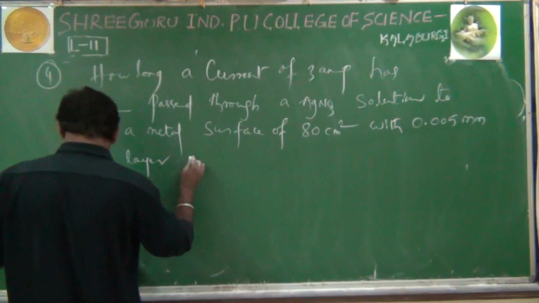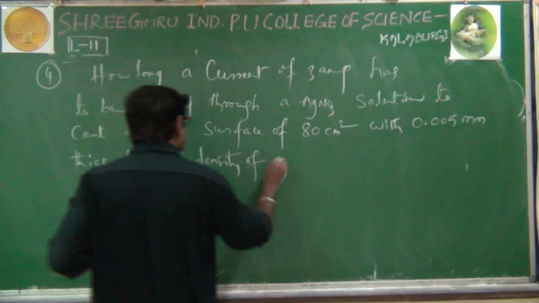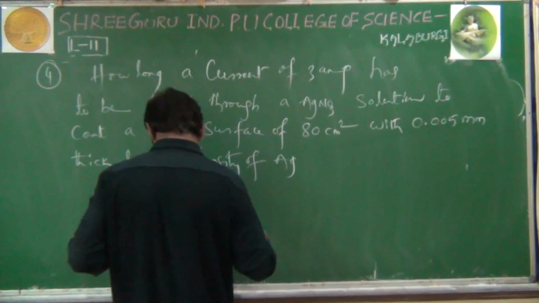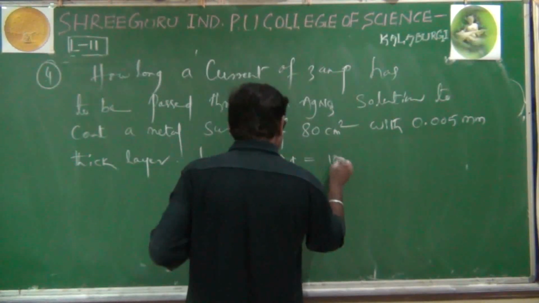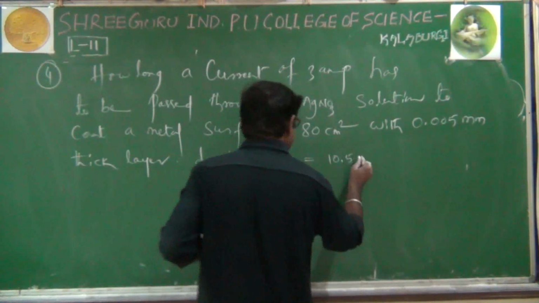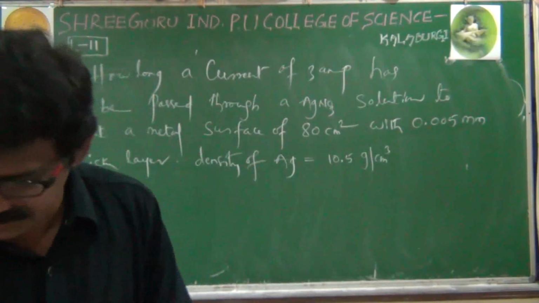Next, density of silver is equal to 10.5 gram per centimeter cube is the question. That's all.